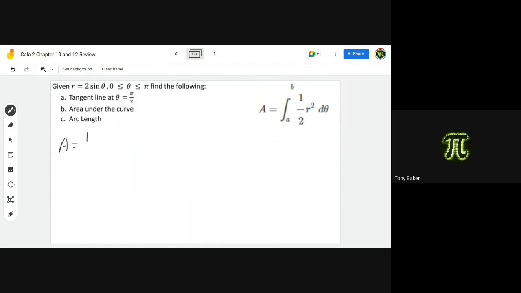So we can pull the 1/2 out. So the integral is going from 0 to pi of 2 sine theta squared d theta. We can then pull out the 4, basically. So we're going to have 2 left in front, 0 to pi of sine squared theta d theta.